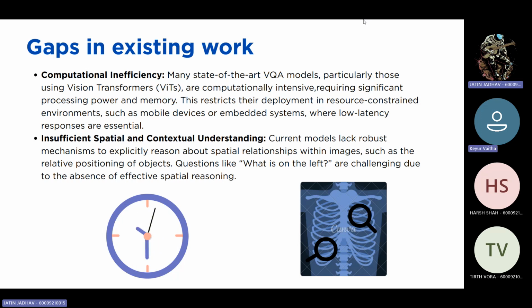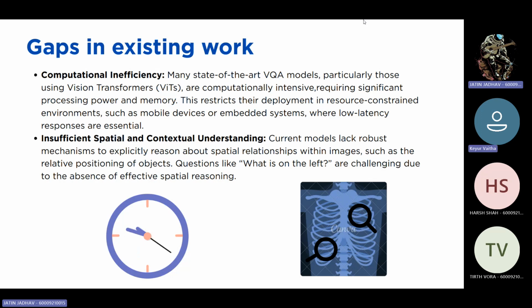So this is still very inefficient in terms of power as well as memory. This restricts deployment in resource-constrained environments such as mobile devices or embedded systems where low latency responses are essential.